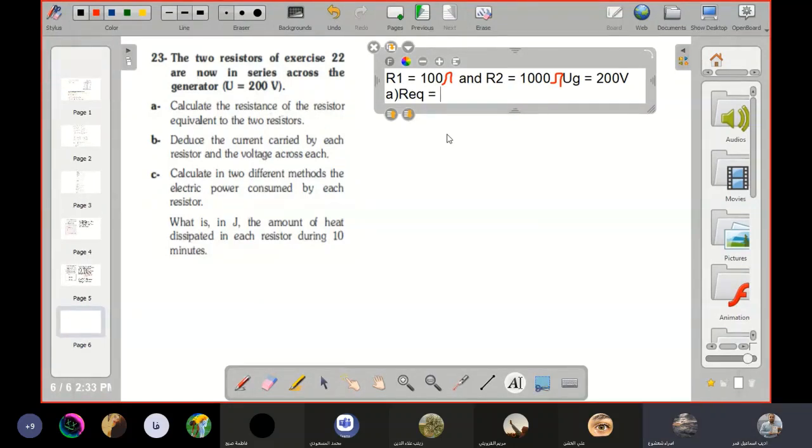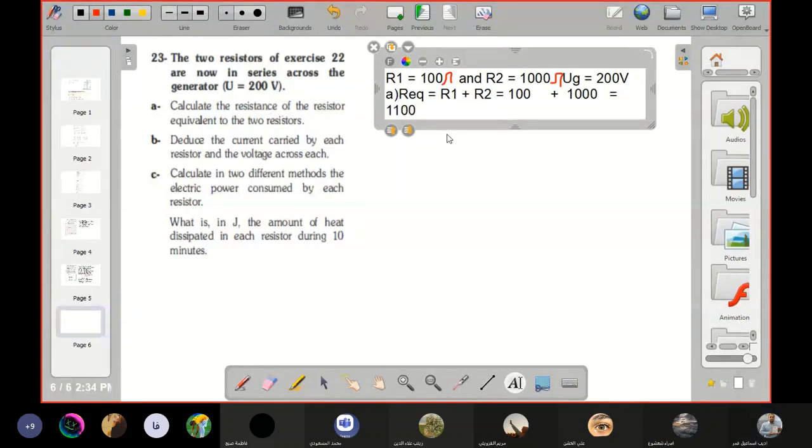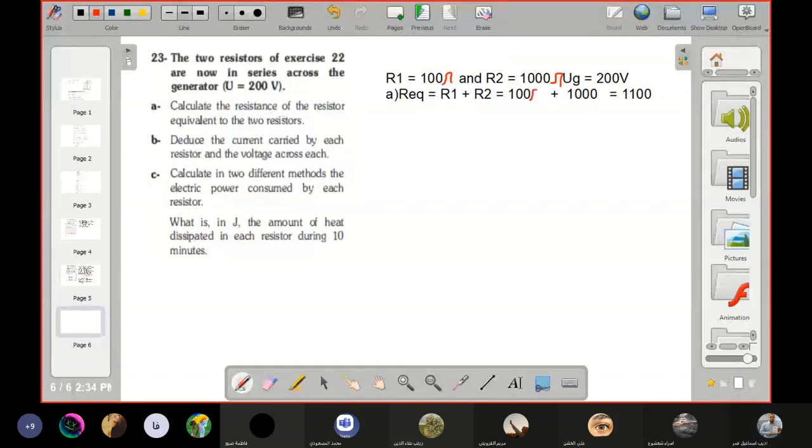R1 plus R2, very good. 100 ohms plus 1000 ohms equals 1100 ohms.